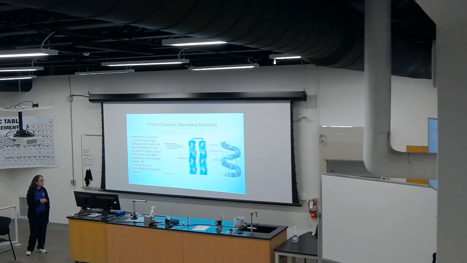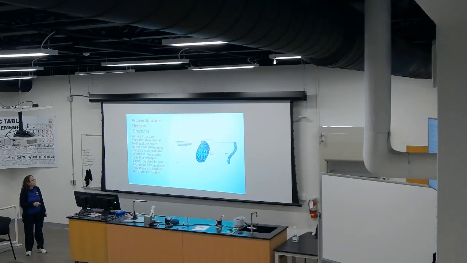And now this secondary structure can fold again and form the tertiary structure. And this folding gives a particular shape to the proteins. That shape is important, whether this will be a part of a larger unit or a larger protein, or whether it's just the final shape.